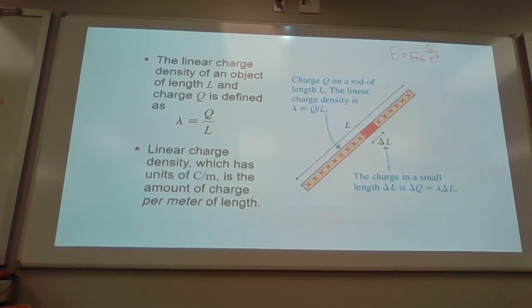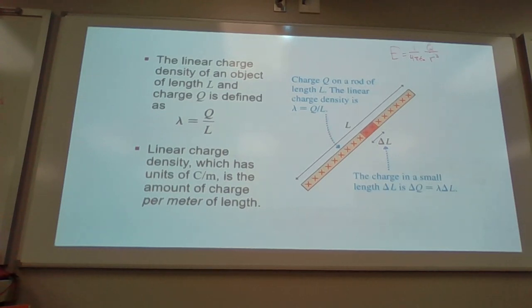There's a lot of similarities with, remember how we talked about if you had a rod with uniform mass, uniform density. Uniform charge density will have the same thought patterns and processes, except we're using charge instead of mass.